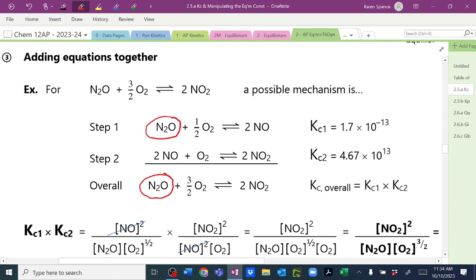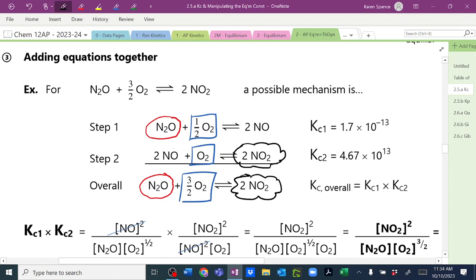In step 1 again, we have a half of an O2, and we have 1 O2 gives us 3 halves O2. Yeah? And we end up with 2 NO2, 2 NO2, and our intermediates cancel out. Yes?